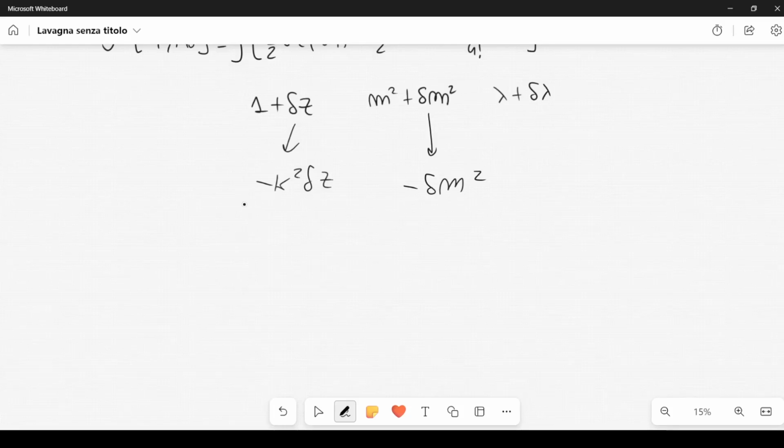maybe a more intuitive way to explain this kind of contributions to the propagator is the following, in my opinion. So you have 1 over k squared plus m squared, which is the so-called quote-unquote classical propagator. This is just the contribution to the propagator that you have without any interactions, and this is the result that you get.